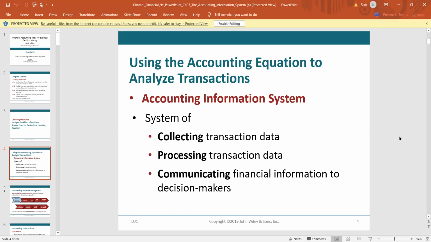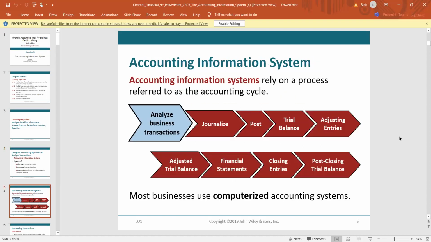It could be something as simple as the electric bill arrived today. We look at the electric bill, it's $100. It was about 98 last month. It was 101 the month before. We can assure ourselves that data is correct, that $100. We process it with what's going to be called a journal entry, and the communication comes out in the form of the financial statements in various subsidiary reports.